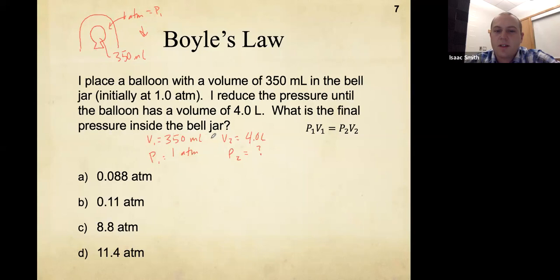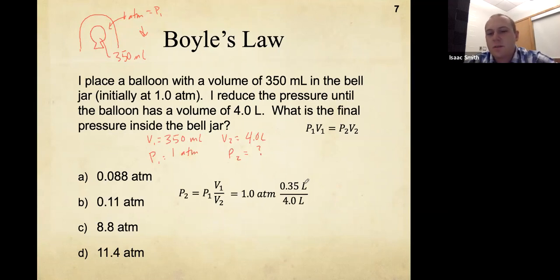We either have to convert this one to liters or this one to milliliters. It doesn't really matter, that would be up to you. So in this example, 350 mils is converted to 0.35 liters. And once these are in the same units, then you can plug them in and get your answer there.